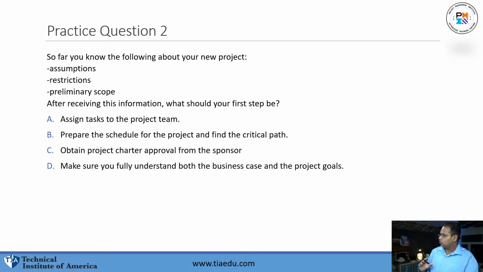Now, you want to make sure that you really go through that very well, right? Really understand it's assumptions, restrictions, preliminary scope. What are they asking you? Okay, we got some B's, we got some D's, we got a C.